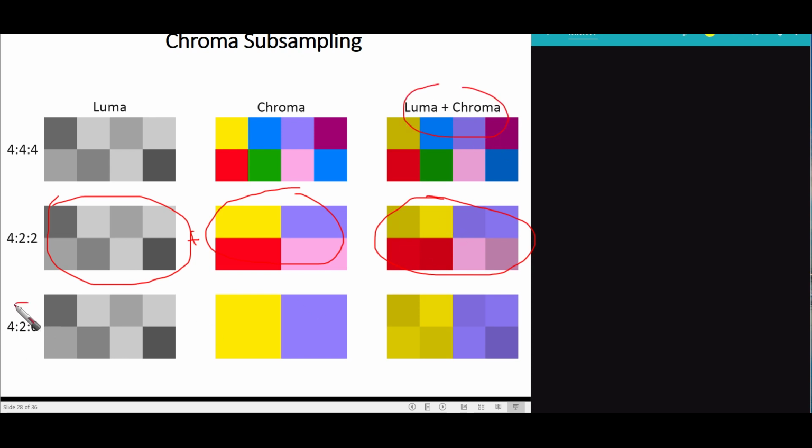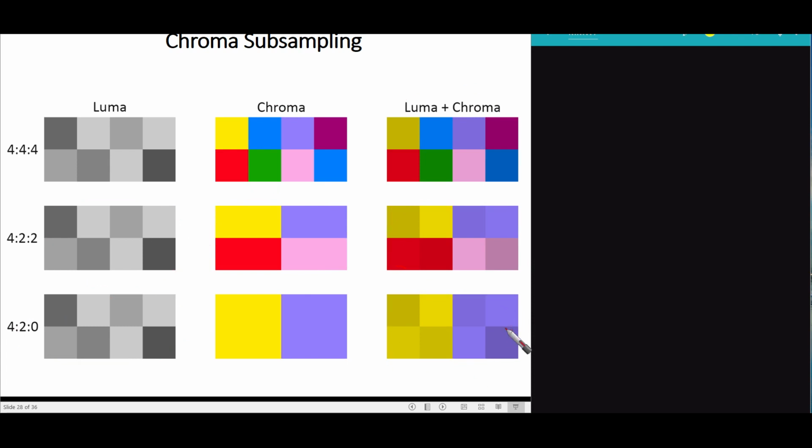And similarly, if we use 420 chrominance subsampling, and keep the same luminance information, it will look like that one. So this is supposed to be the original information, it looks like that. But when you use 422 subsampling for chroma, then it looks like that one.